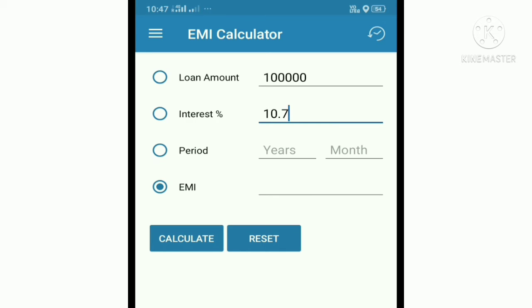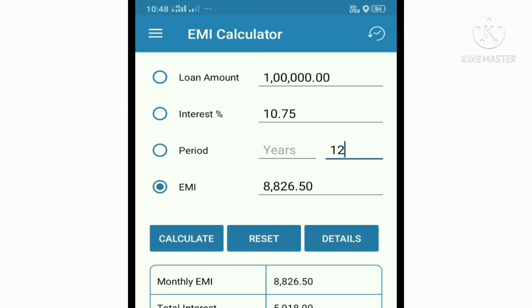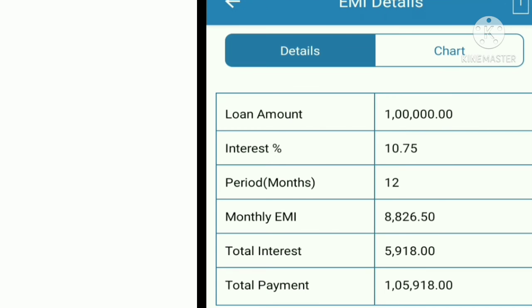Why did I take 10.75? Because on all the official websites the starting interest rate is now 10.75, and the tenure is 12 months, because I took 12 months in the previous example. Just click on calculate and then click on details.